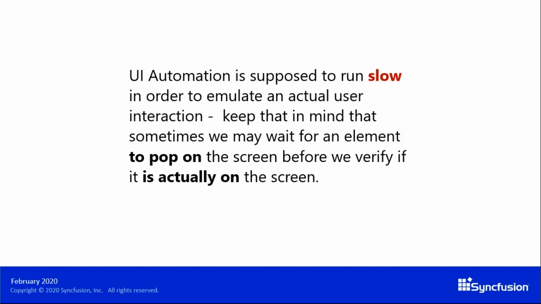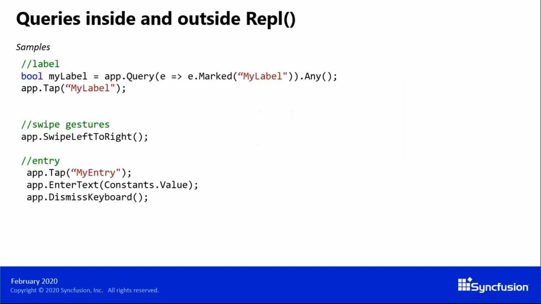So we identify our element on the screen, and the next step will be to interact with them. We will have a lot of queries. For example, if we want to find a label or some custom element, we'll have the app.query command, and you'll find an element that is marked with your automation ID.